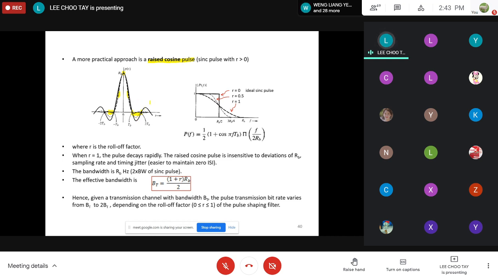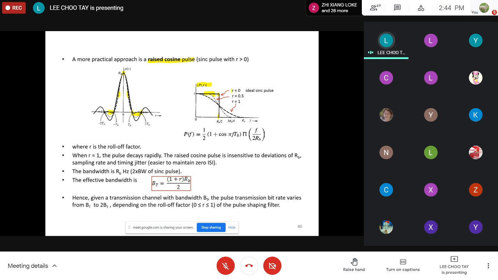If you look at the Fourier transform of this raised cosine pulse compared to the sync pulse, this is what you can see on the right-hand side here, P(f). With the ideal sync pulse, the spectrum is rectangular in shape. But with a raised cosine pulse, it depends on the roll-off factor, which is how quickly you want the pulse to roll off to 0.